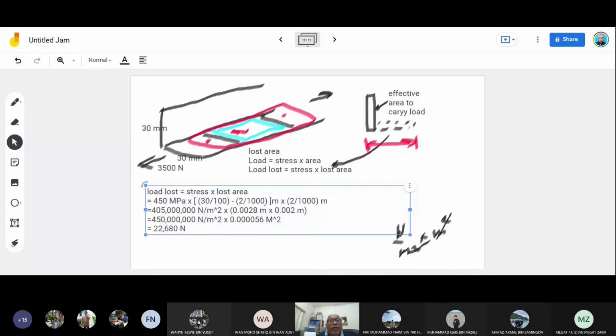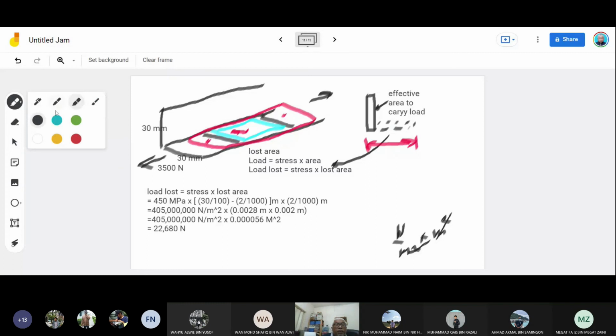So the force, the load that you lost is 22,680 Newton. Okay, let's keep it away. So that area carries 22,680 Newton. That's lost. And then that's why you put the doubler. The doubler here should be able to take up the loss.